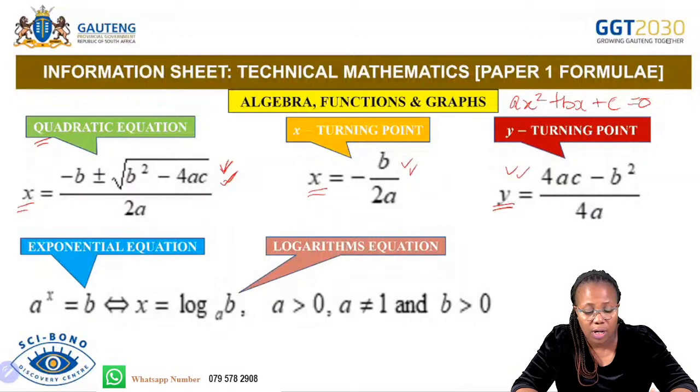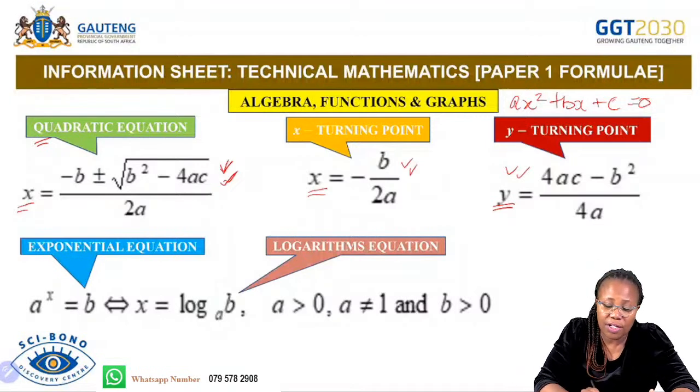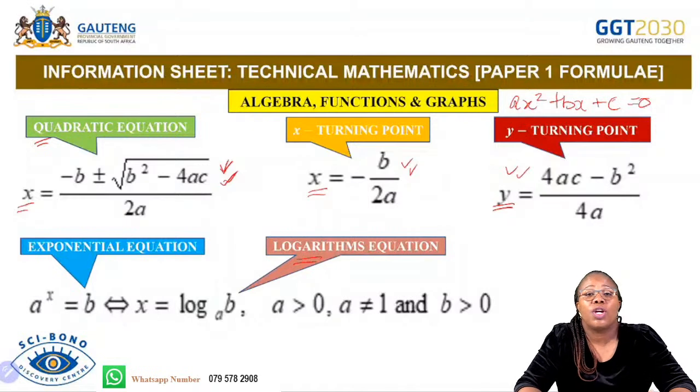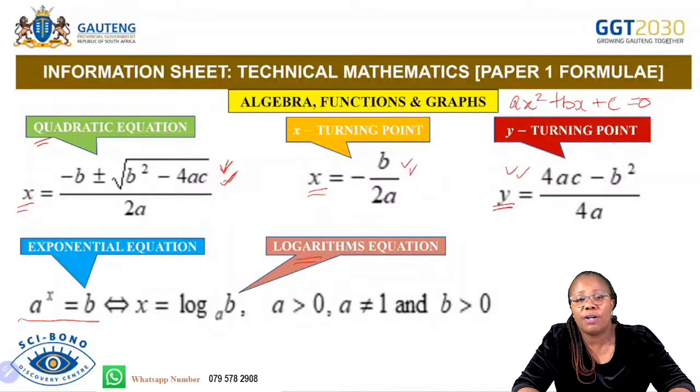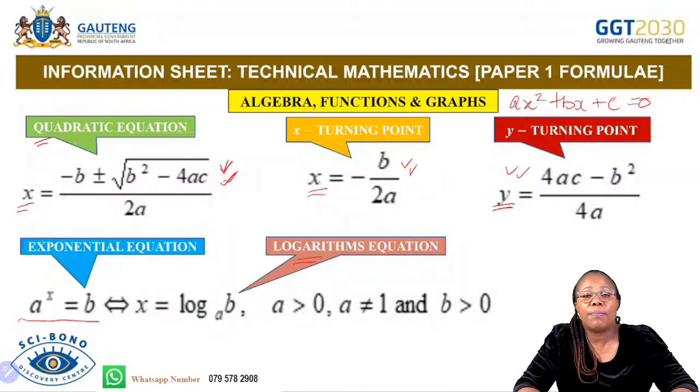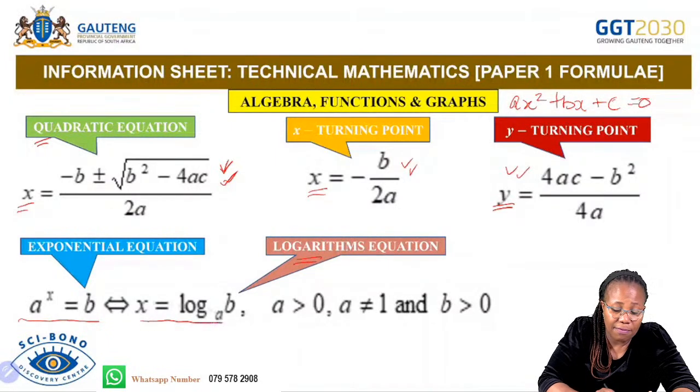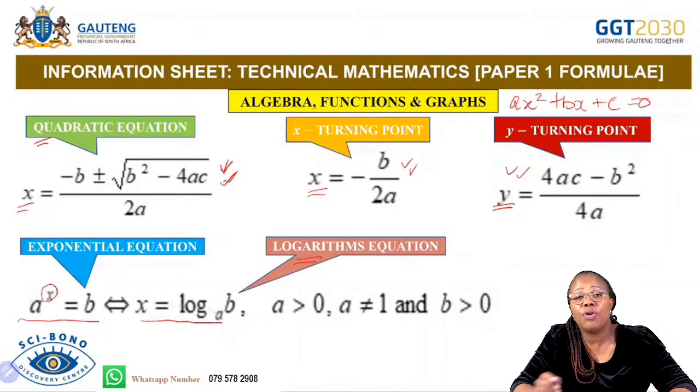All right, then we have exponential equations, which have a relationship with logarithm equations. The original equation for an exponential function is a to the power x equals b.